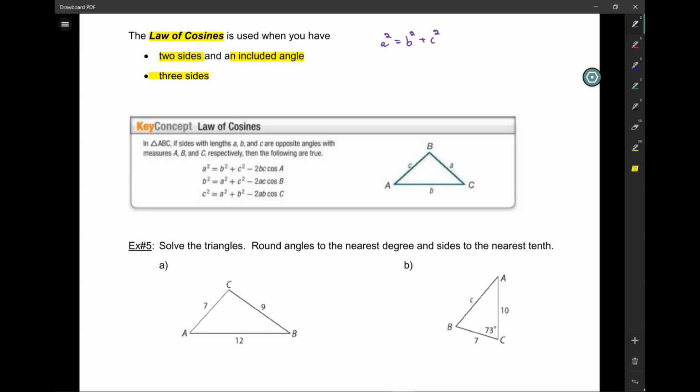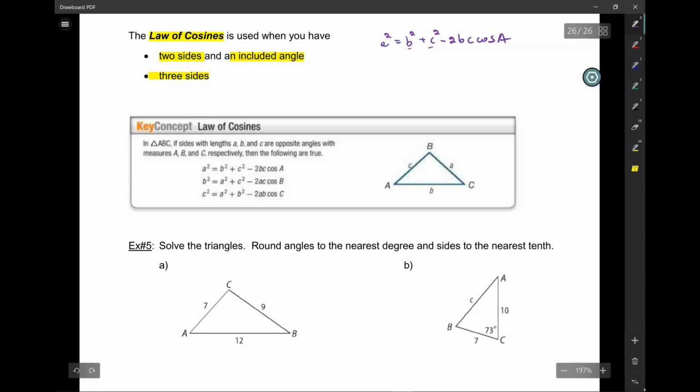Now, minus 2bc cosine of the very first one, A. So if you start with a, you end with a. So a squared is, and then it's bc, and then you end with a again.